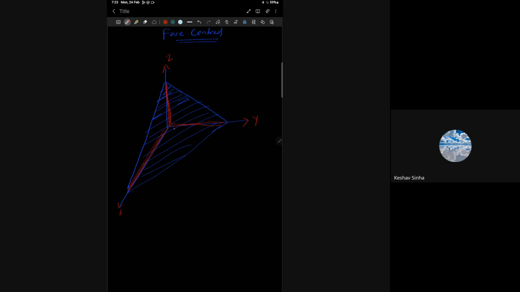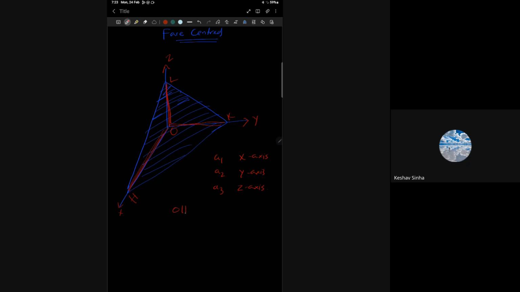Okay, let us call this O, this H, this K and this L. Suppose A1 along the x-axis, A2 along the y-axis and A3 along the z-axis are the lattice vectors.